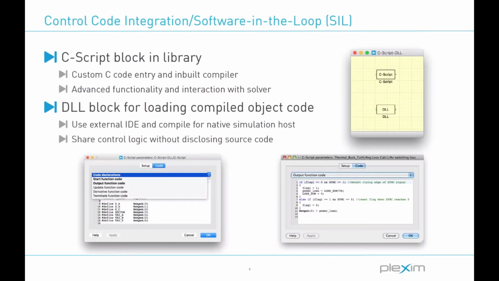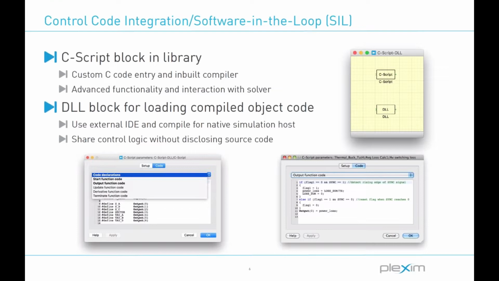If you do want to come a little bit closer to a hardware implementation of a control system, there are additional blocks within PLECS to implement so-called software-in-the-loop simulations. This is a powerful capability, and it allows you to implement the model of real power electronics hardware and software in a simulation environment.